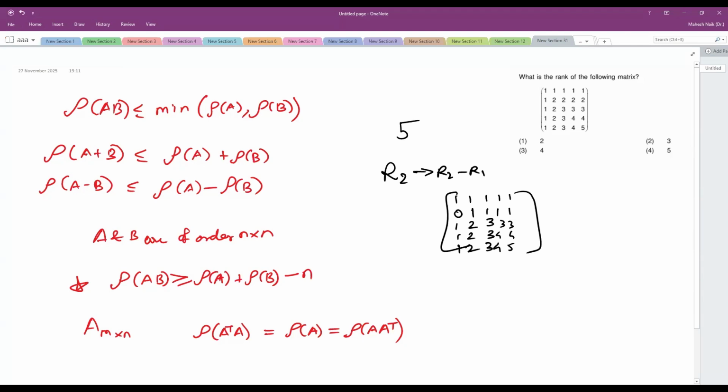Then on the same lines, we can do operations like R3 goes to R3 minus R1, R4 minus R1, R5 minus R1, which will bring it to the row echelon form. And that will conclude that the rank of the matrix is 5 because there are 5 non-zero rows after this particular operation.